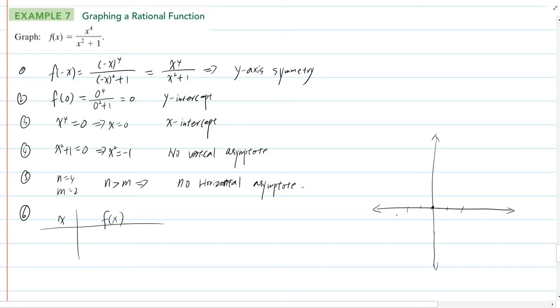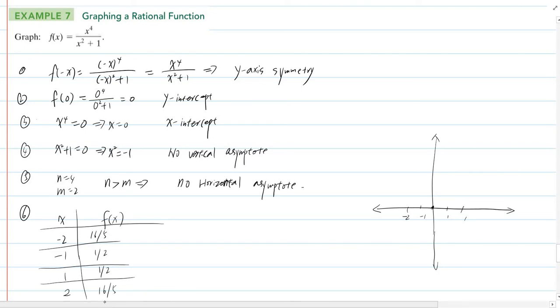So I'm going to use -2 and then -1, and I'm going to plug in 1 and 2. If you plug in those points, you're going to have 16 over 5, and 1/2. So here's also going to be 1/2 and then 16 over 5.